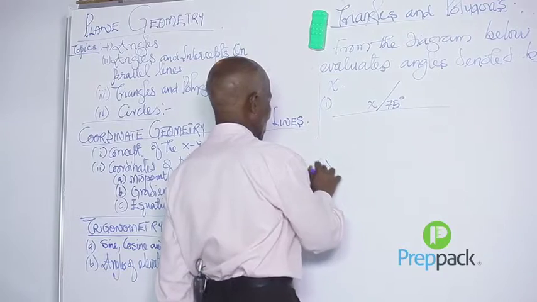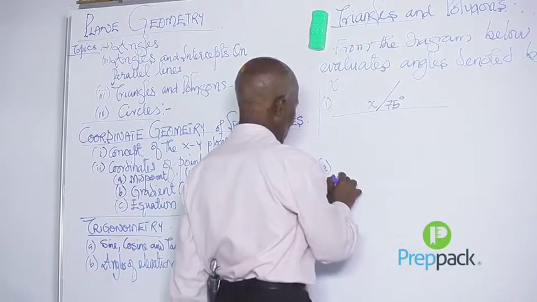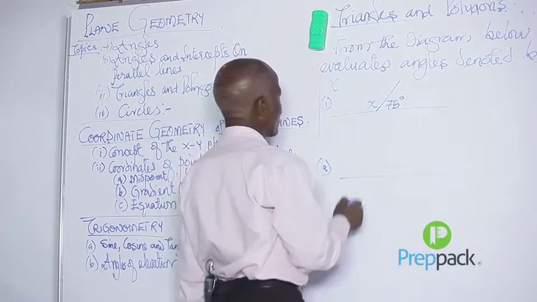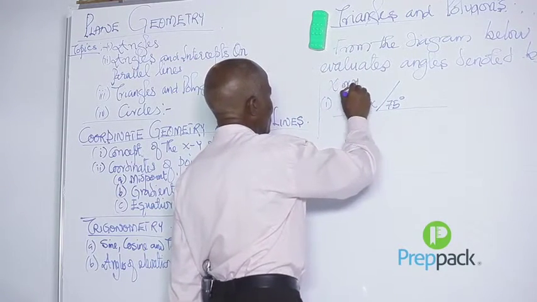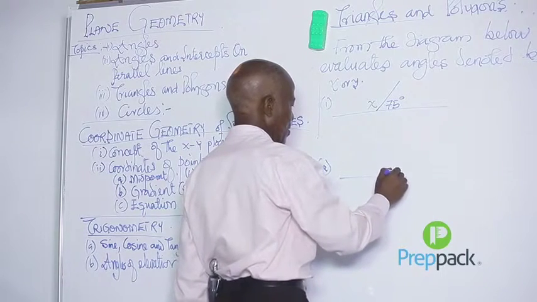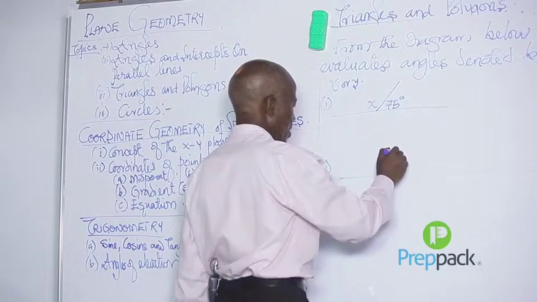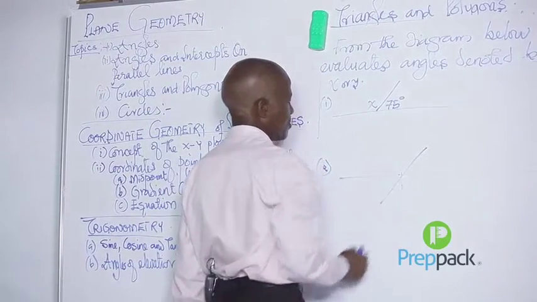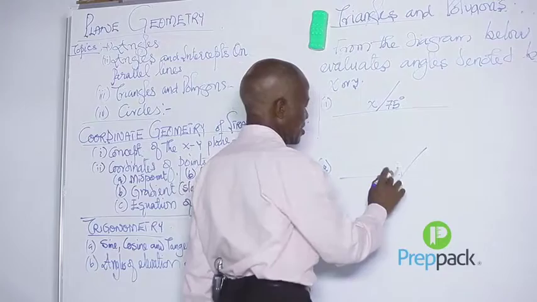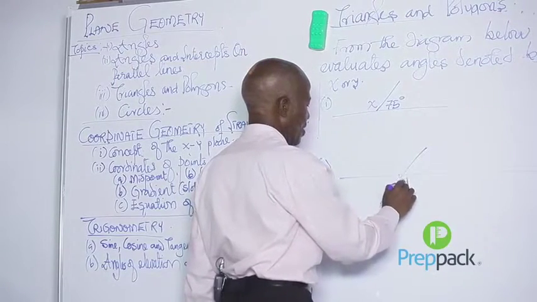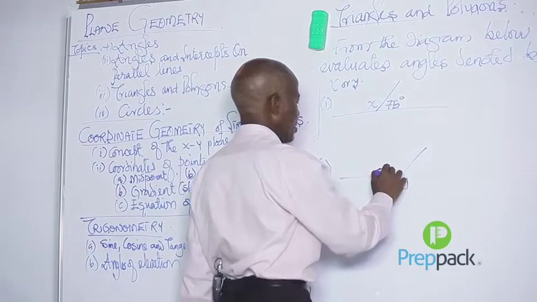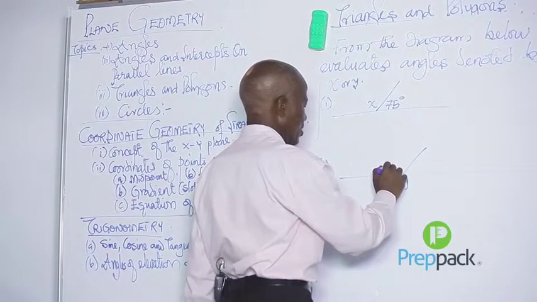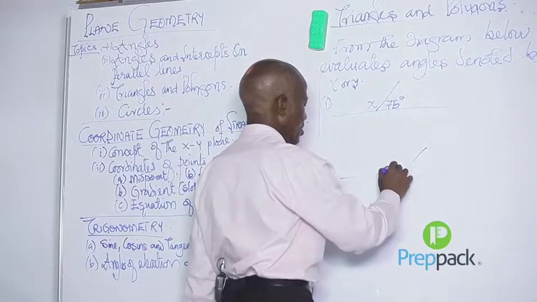Number 2, or Y. Okay, and this is Y, and this is 147.